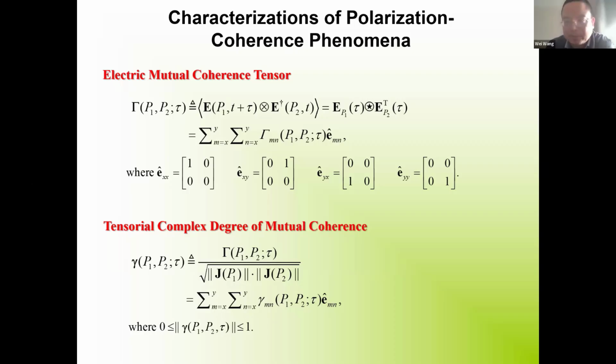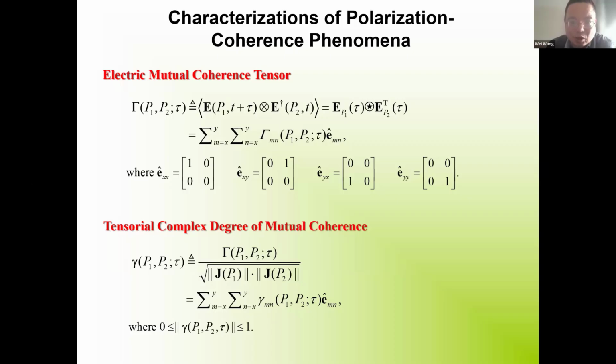Once we have this geometrical interpretation for this tensor, we are able to define the tensorial complex degree of mutual coherence. As you see, this is the definition. Here we use the Frobenius norm of the polarization matrix at each point P1 and P2 for normalization.